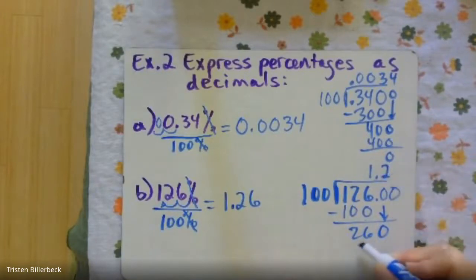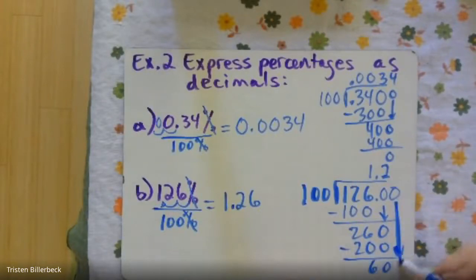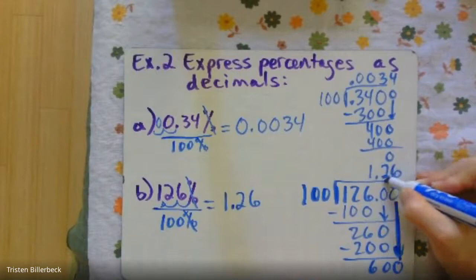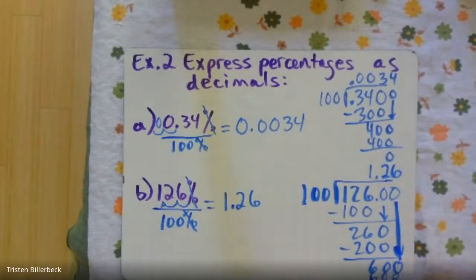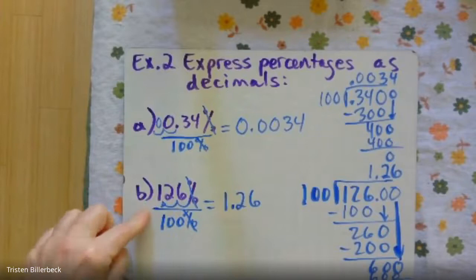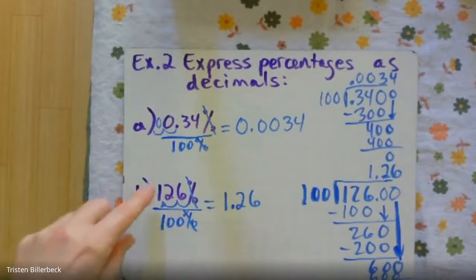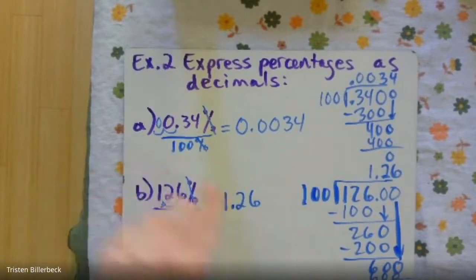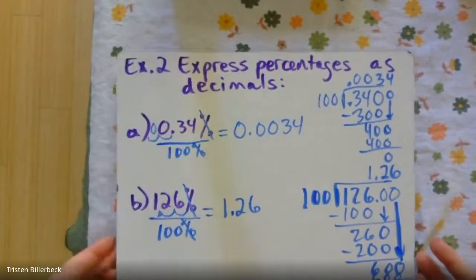There's 2 hundreds in 260. We subtract and we drop this down. And there's 6 hundreds in 600. And we have a 0. So we have 1.26. If you know how to do it this way, that's fine. If you don't trust yourself, top dog in the house and divide by the 100. All right.